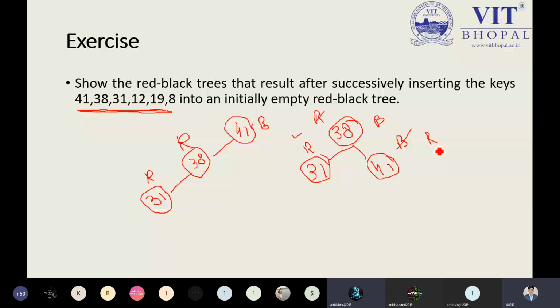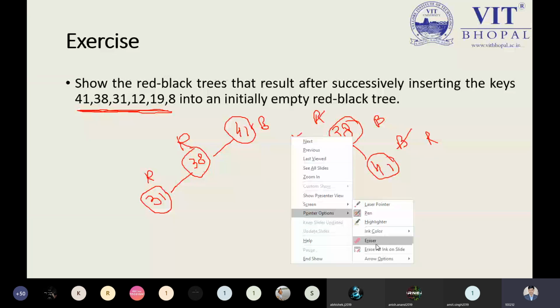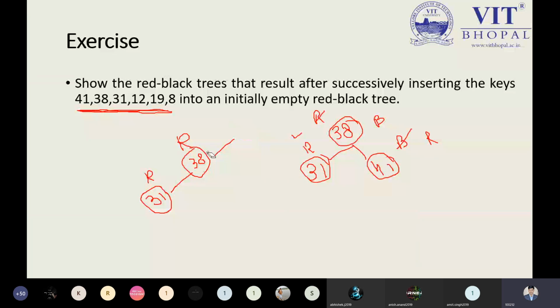Sir, same level, red. Same level we can change, okay? Because at the time we are following the red black tree property, it means red, then black, and then red black. Okay, so we can change. So we are updating its color value. So now I'm just changing the option over here.